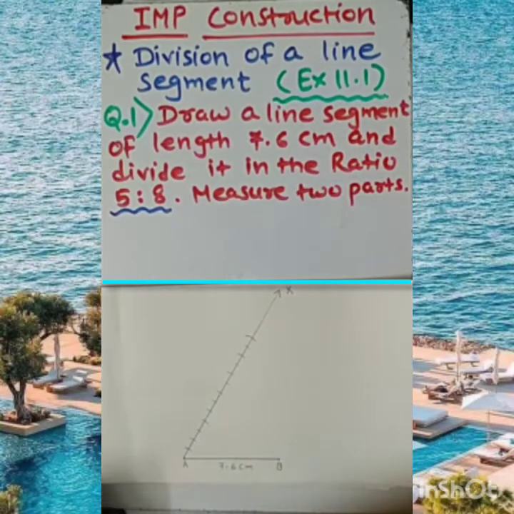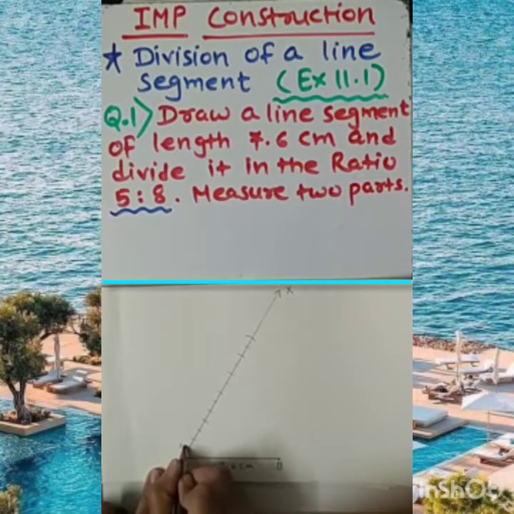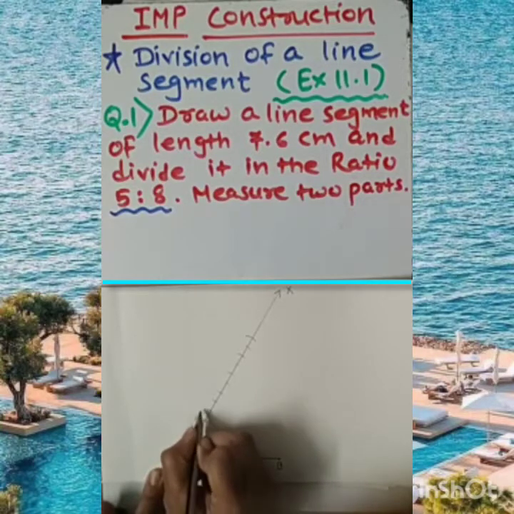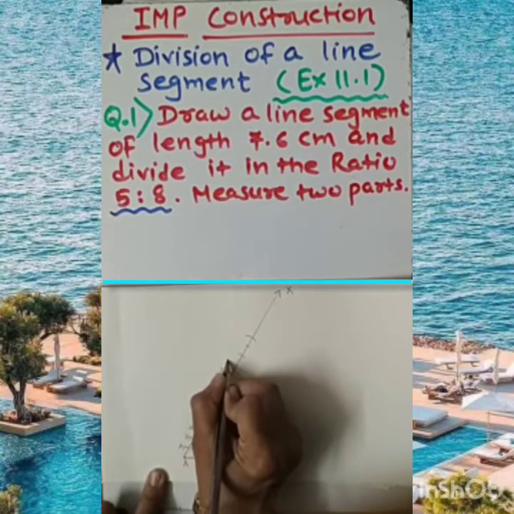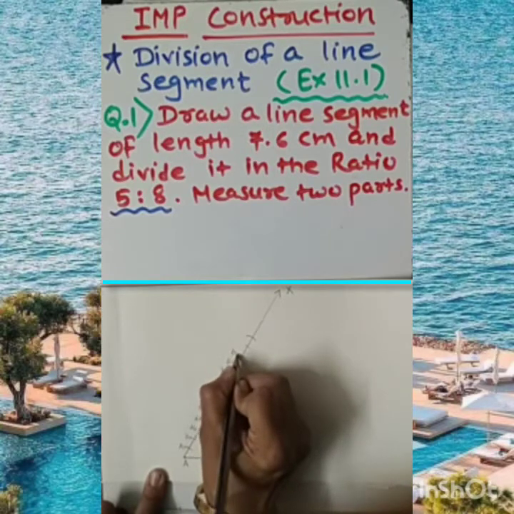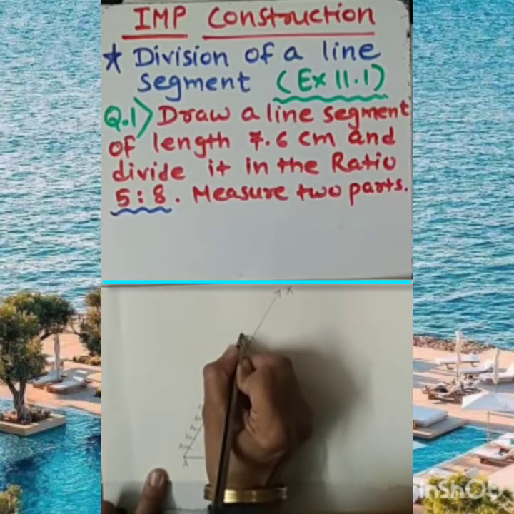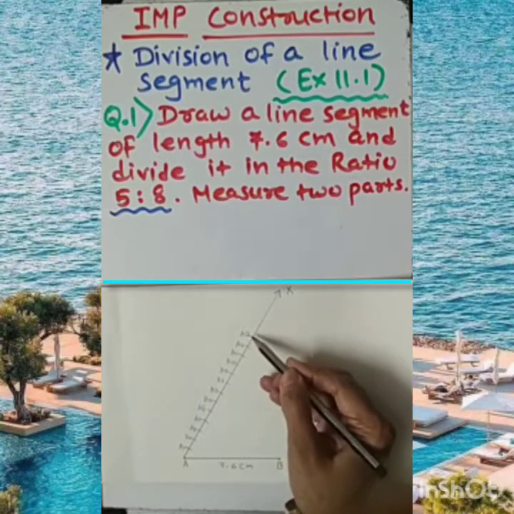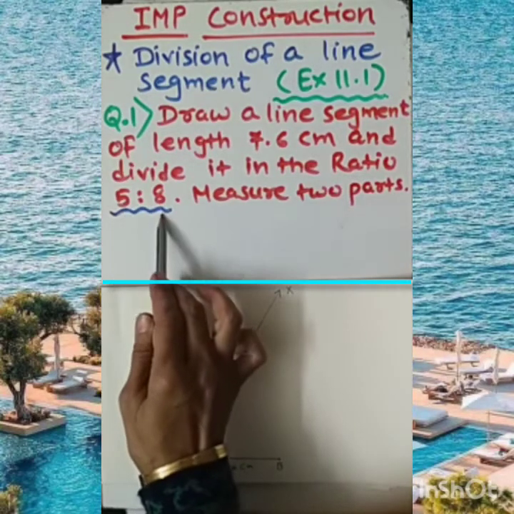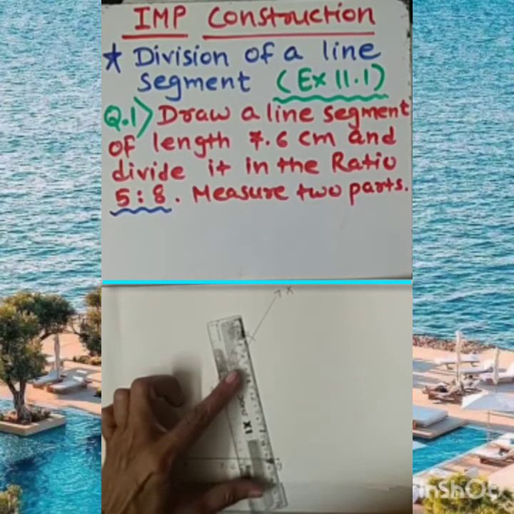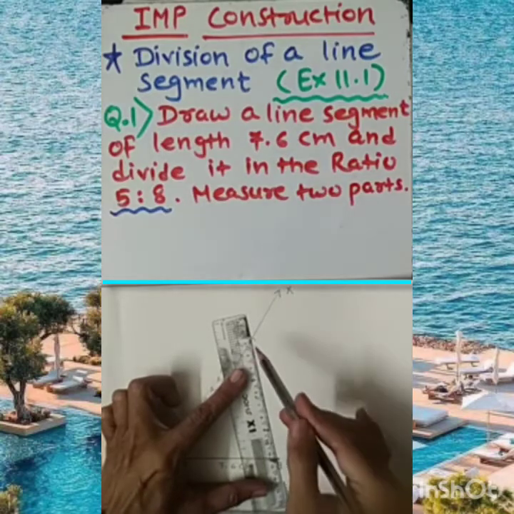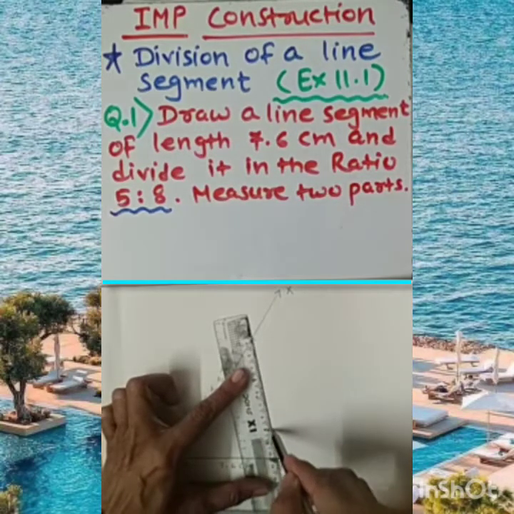The reason to go up to 13 is 5 plus 8, that is 13. Now the last point A13 and B I am going to join. Just see, this I am joining.